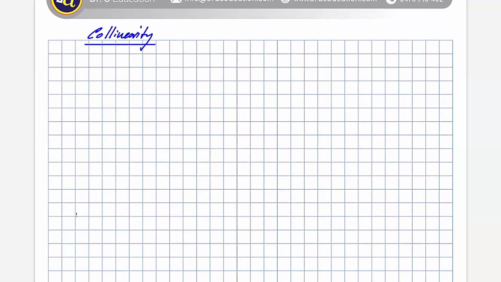So today we are going to discuss collinearity. Collinearity. So what is this concept?